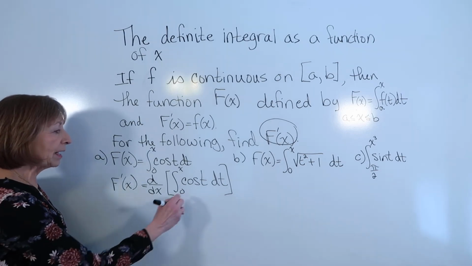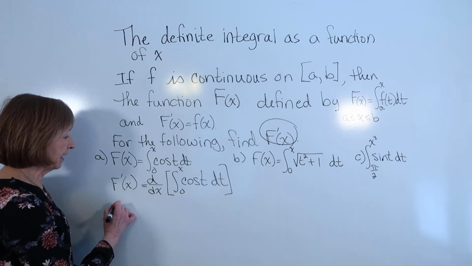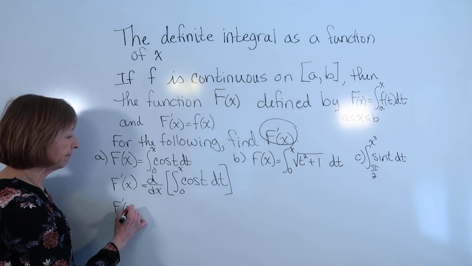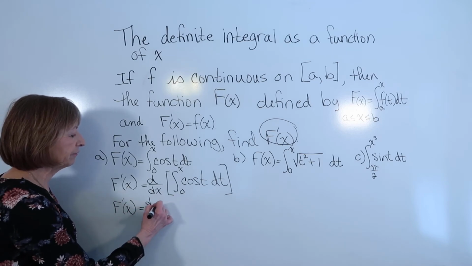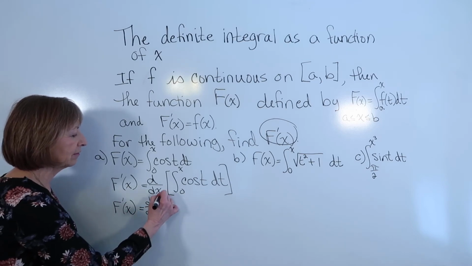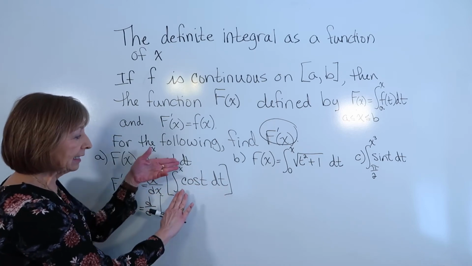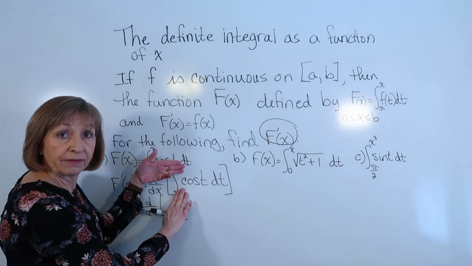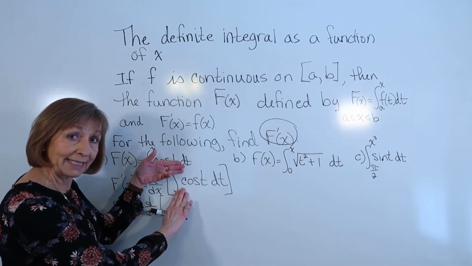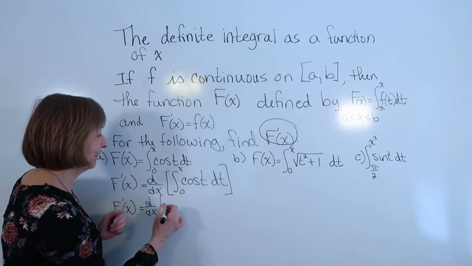Now, what I'm going to do with this is work from the inside out. So my F prime of x is equal to the derivative with respect to x of the integral from 0 to x of cosine t dt. Remember, we're going to find an antiderivative. An antiderivative of cosine t is sine t.